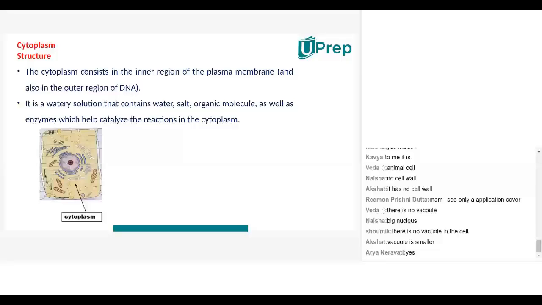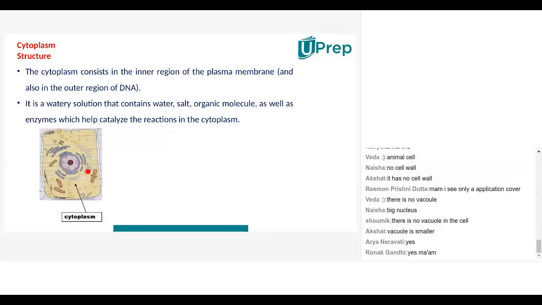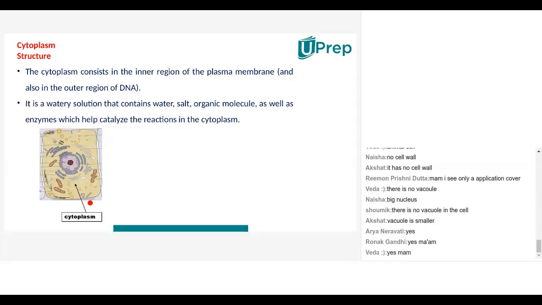It is also given as cytosol in some textbooks. Both the words are the same. Cytosol, cytoplasm. Can you see the slide? Okay. Here they have taken a cell. Now in the cell, we have different parts. All of them will be freely floating in a liquid material called cytoplasm.